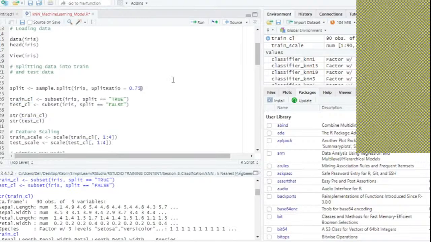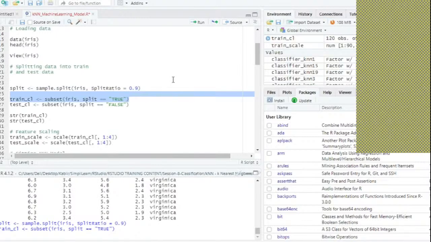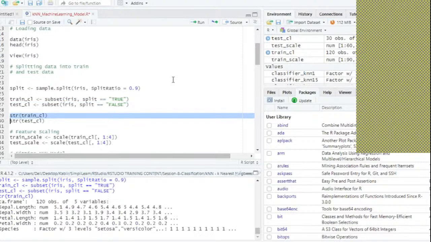Just hold on. It's not taking up the exact split ratio.